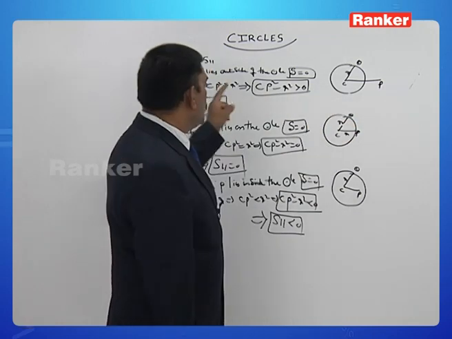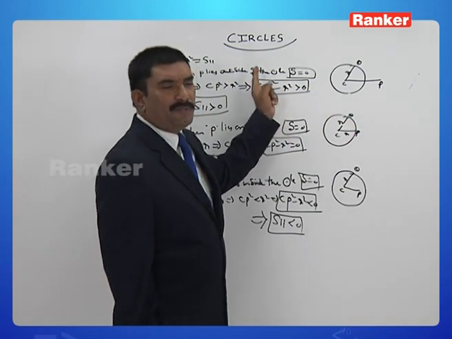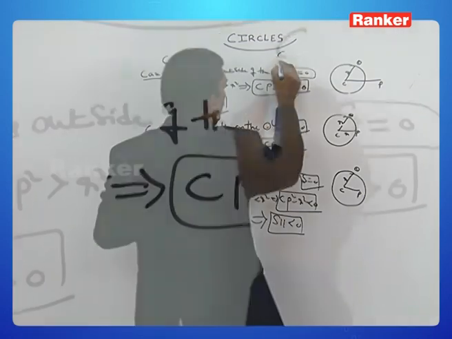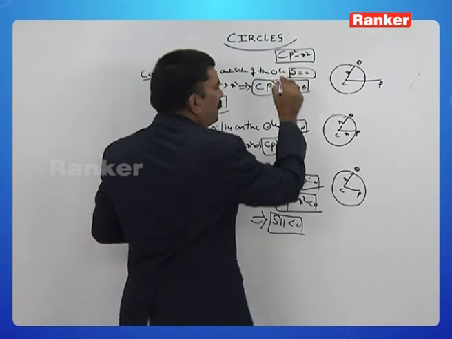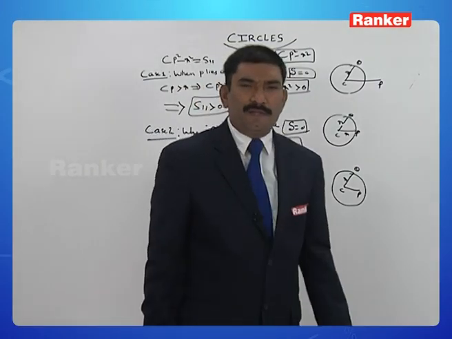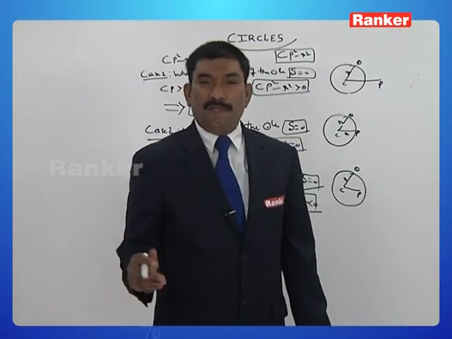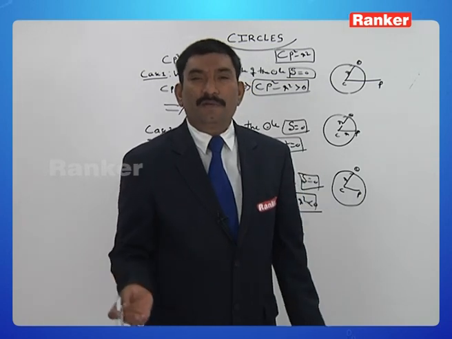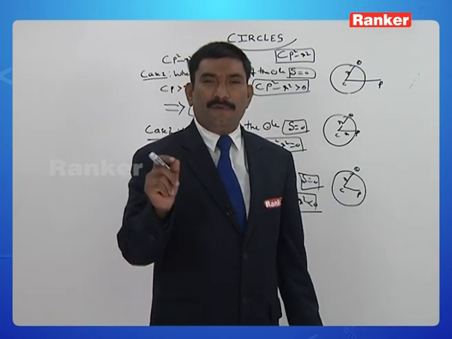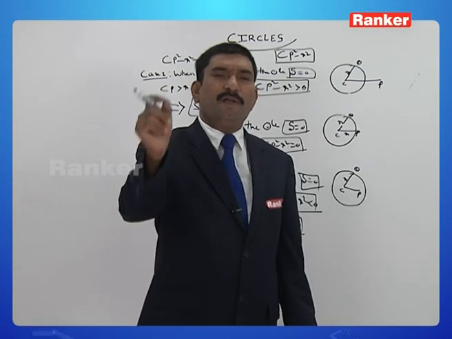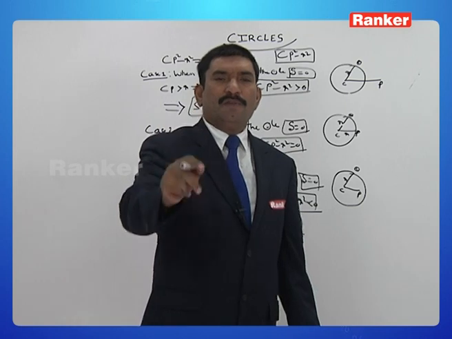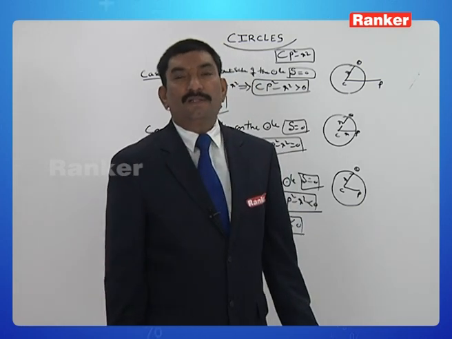Then CP square minus R square is defined as the power of a point. CP square minus R square is nothing but S11. So S11 is also defined as the power of a point P of x1 comma y1 with respect to the circle S is equal to 0.